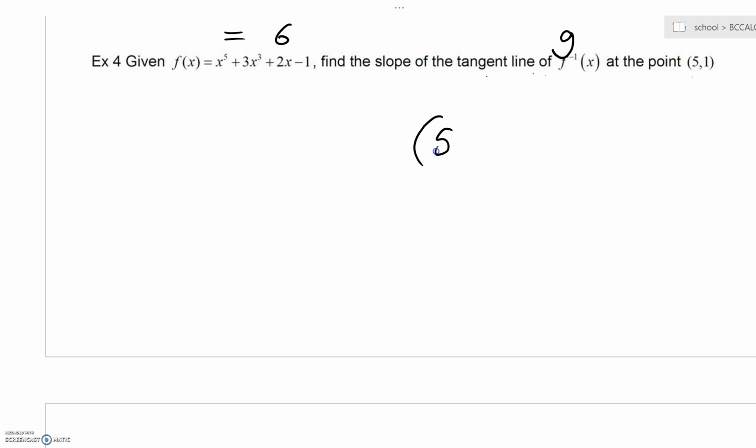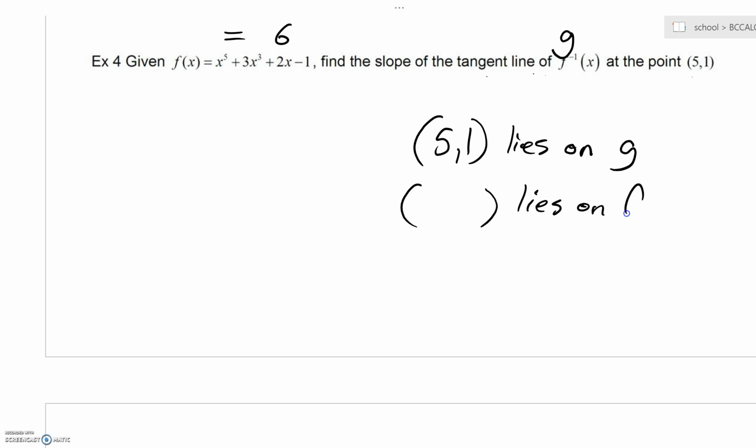So I'm going to say 5, 1 lies on g. What point then would have to lie on f? 1, 5. It would only take you a second to confirm that. Plug in a 1 for your x, and you can see the 1 and the negative 1 are gone, and sure enough, you get a y value of 5.